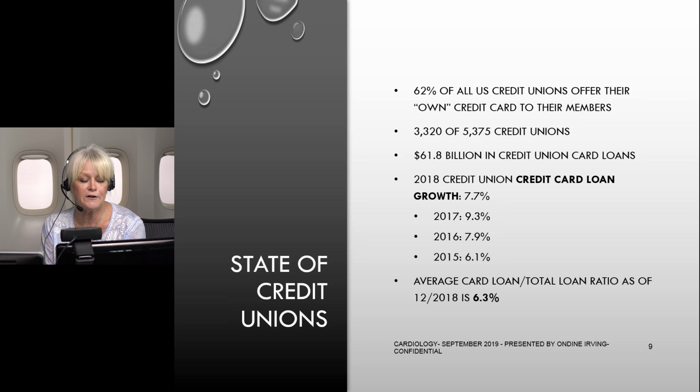We have 3,320 credit union card issuers in the country, 61.8 billion in card loans. And last year, card loans for credit unions, according to NCUA, which is where I get all my data, grew 7.7%. And I've listed also the previous years: 2017 was 9.3, 2016 was 7.9, 2015, 6.1.